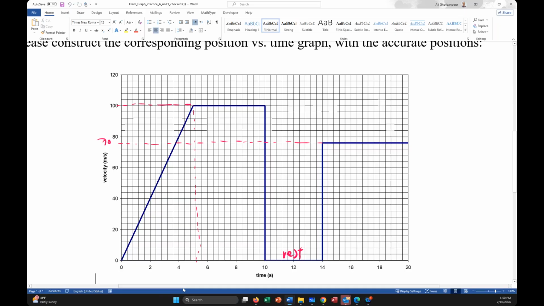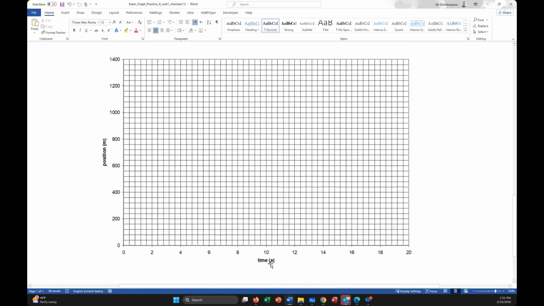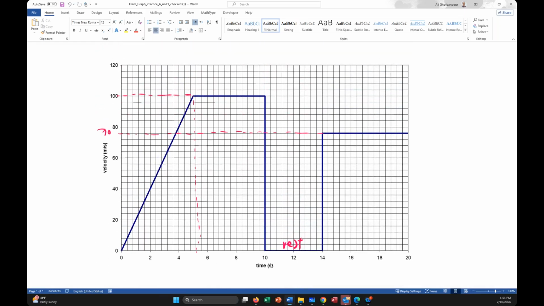Okay, so if I was moving, speeding up to the right for the first 5 seconds, and then my velocity reached 100 meters per second, I would move with the same velocity until 10 seconds, and then I stop, yes, and then I just move exactly in the same direction. Okay, that's it. Good. So, I would like to find the position versus time. You remember which one of these graphs it was?